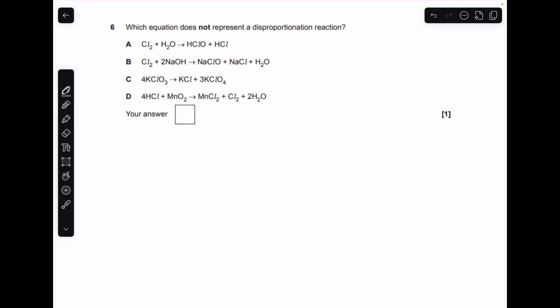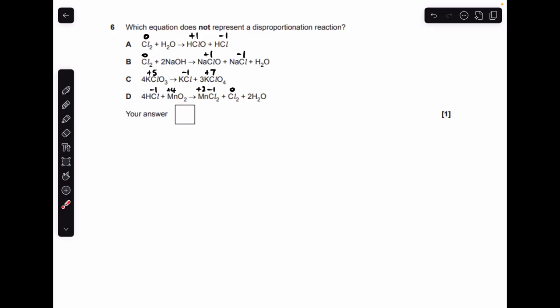Moving on to number 6, which equation does not represent a disproportionation reaction? So we're looking for the equation where you haven't got one atom being oxidized and reduced in the reaction. So to do that, we need to look for oxidation number changes, and there they are there. So you can see in A, chlorine has gone from 0 to +1 and -1, so that is disproportionation.